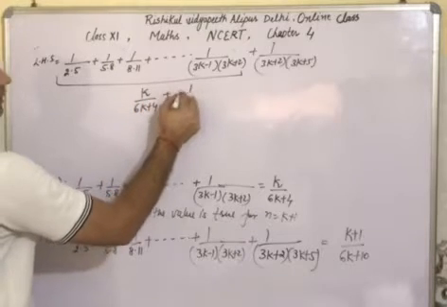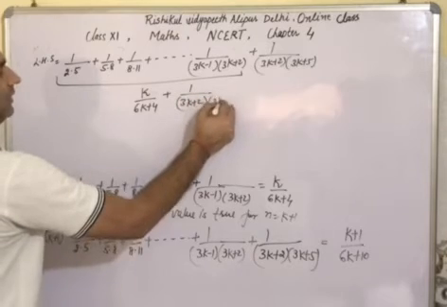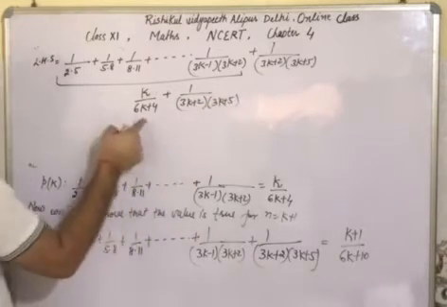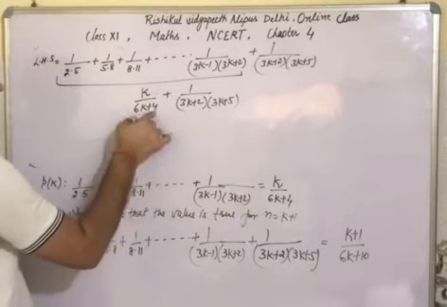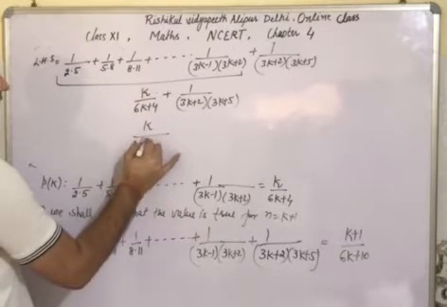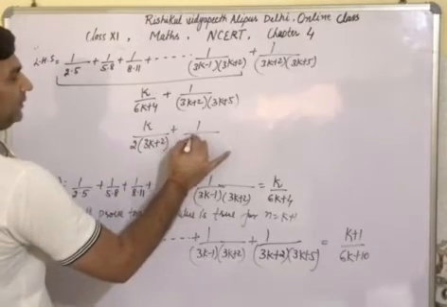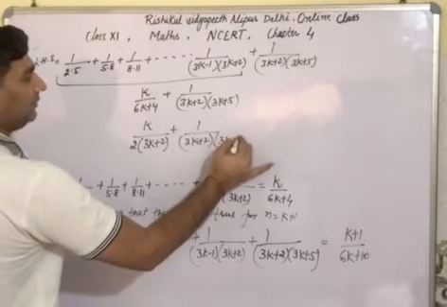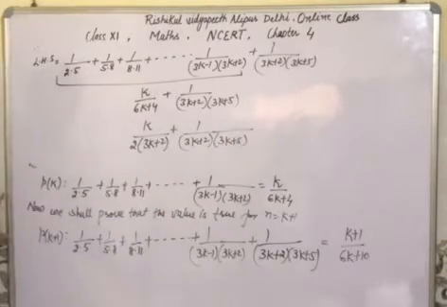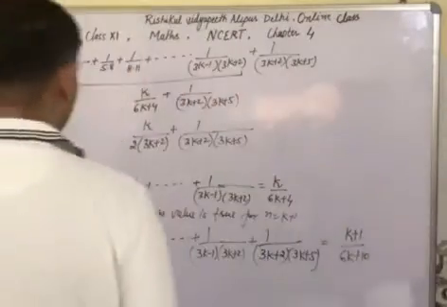plus 1 by (3k plus 2) and (3k plus 5). Then put this k over 6k plus 4, where 2 is the common term, plus 1 by (3k plus 2) and (3k plus 5), and solve them by LCM.